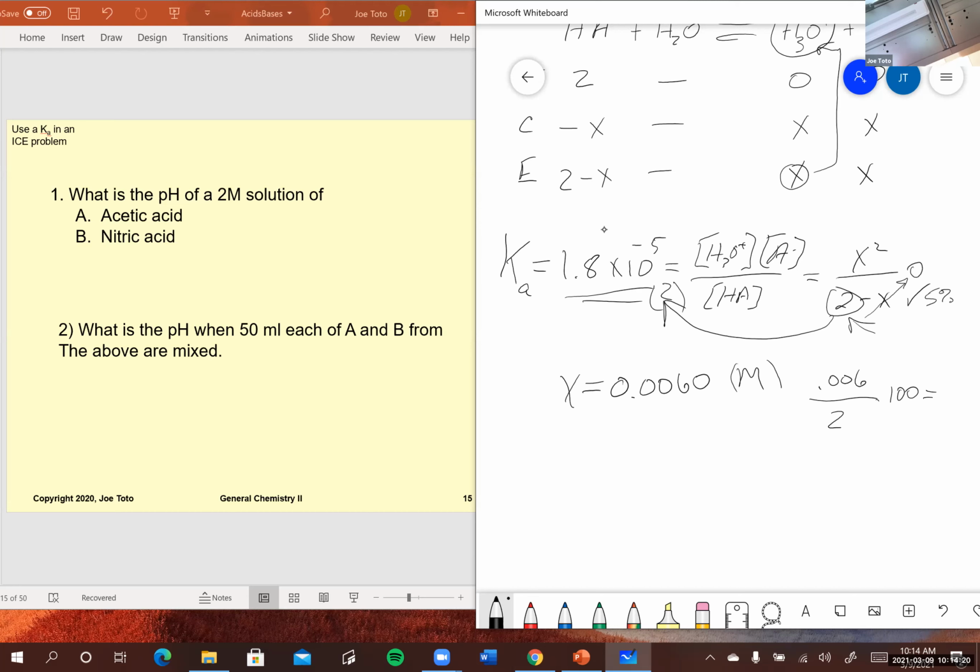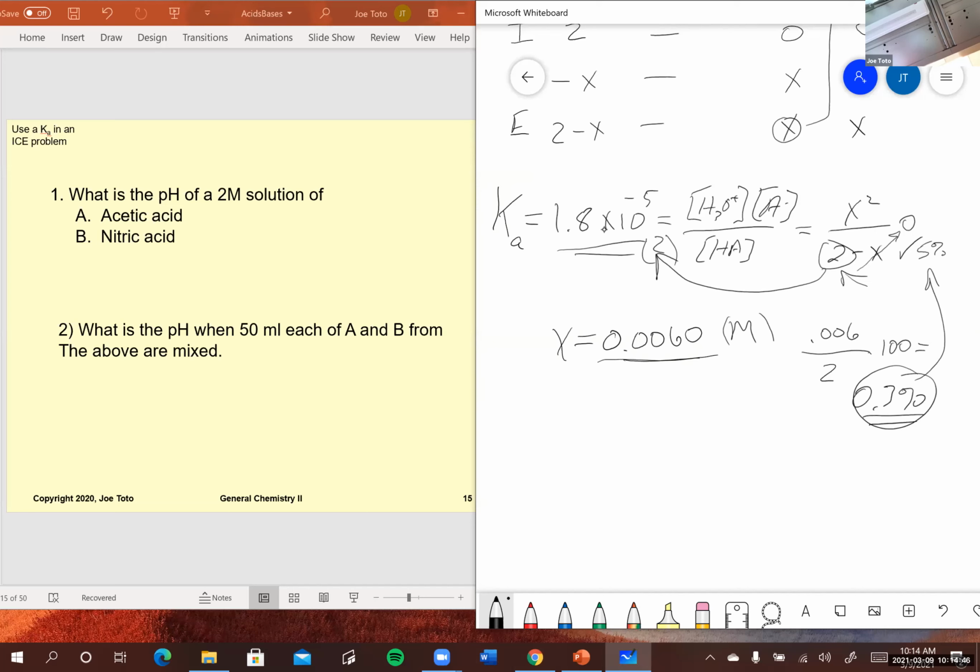I get 0.3%. And so that is less than 5%, which means that if I did solve the quadratic, I would still get the same value. So I just got a nice shortcut. I didn't have to worry about the quadratic. And now I can take that and I can calculate the pH.